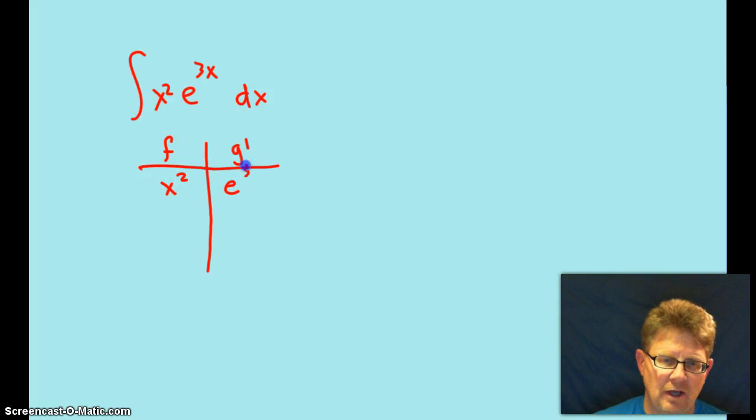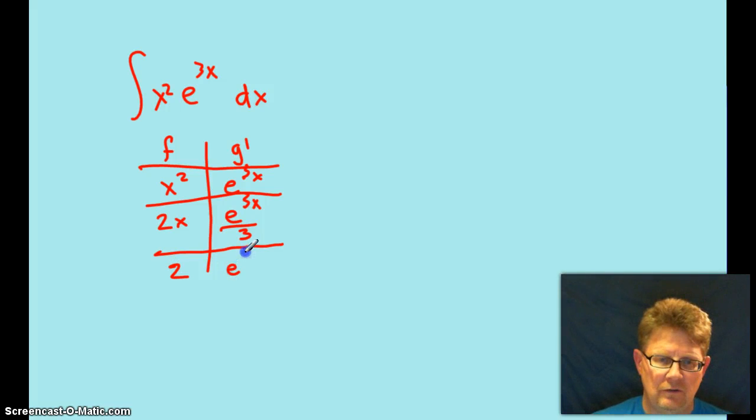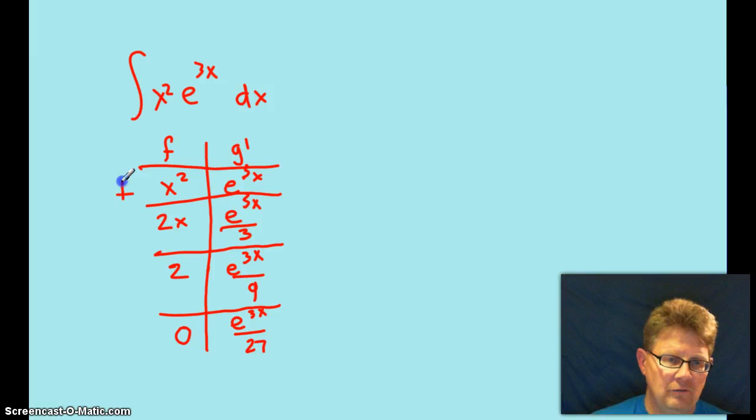G is e to the 3x. 2x, e to the 3x over 3, 2, e to the 3x over 9, and one more, 0, e to the 3x over 27. And we're going to go plus, and we're going to go minus, and then we're going to go plus, and we're going to go minus. We'll make our diagonals.